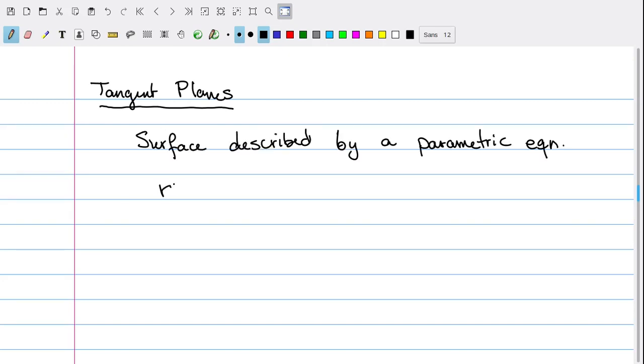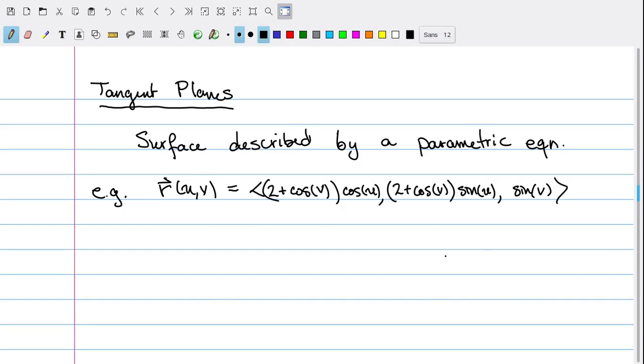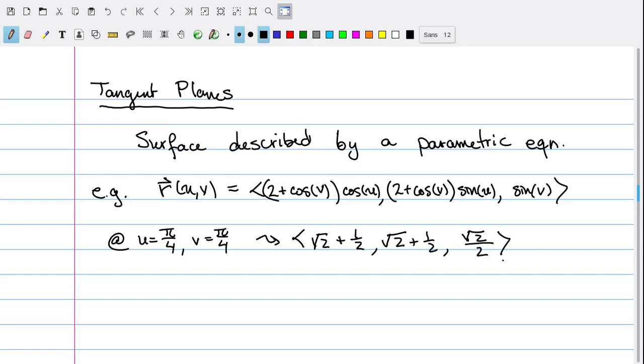For example, r of u, v equals (2 plus cosine v) times cosine u, (2 plus cosine v) times sine of u, and sine of v. And I could notice that if I plug in u equals pi over 4 and v equals pi over 4, I end up with the point square root of 2 plus 1 half, square root of 2 plus 1 half, square root of 2 over 2.